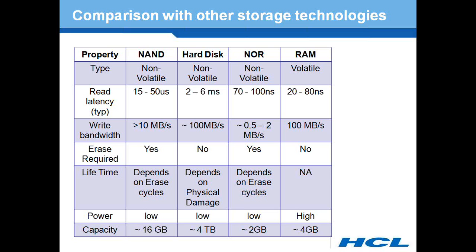The data storage rate is lower compared to hard disk because of the programming operation time taken by NAND flash. This is much less of an issue in NOR flash, and hard disk and RAM have almost the same bandwidth.